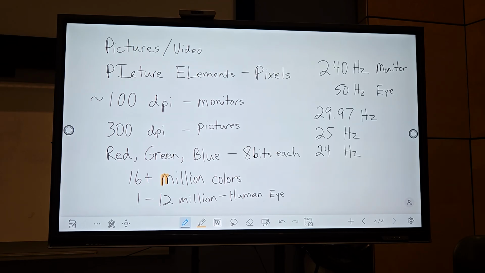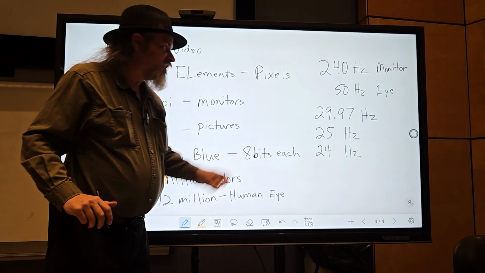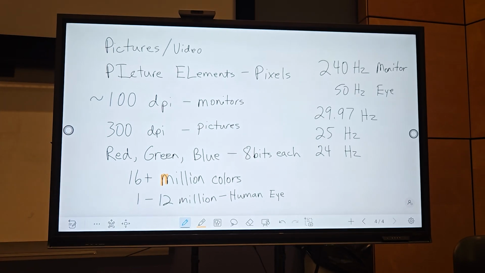There's a weird story as to why American TV is such an odd number, 29.97 frames per second. They were trying to make the timing match the 60 hertz, to be 1/2 the frequency of the 60 hertz power from the AC grid, the alternating current.